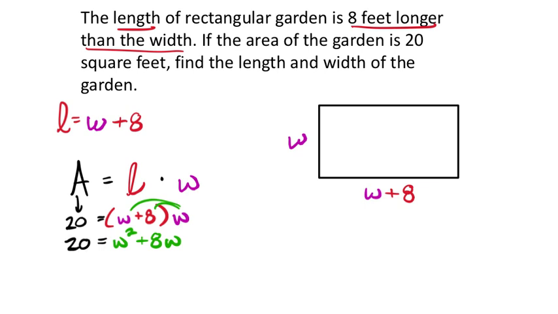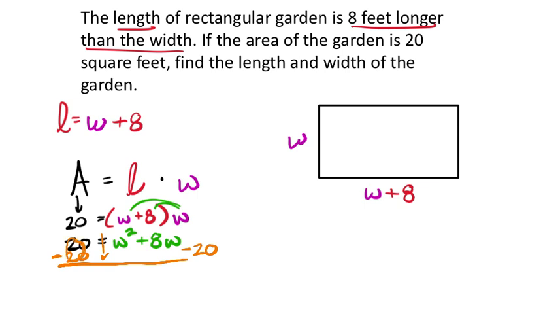But I can see that this is kind of forming like these quadratic equations that we've been looking at, these trinomials, that's the word I was looking for. So what I'm going to do here is make this equal to 0, which is going to allow me to solve for W with some factoring, right?